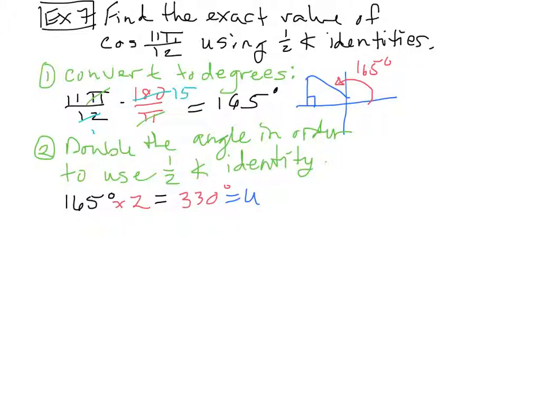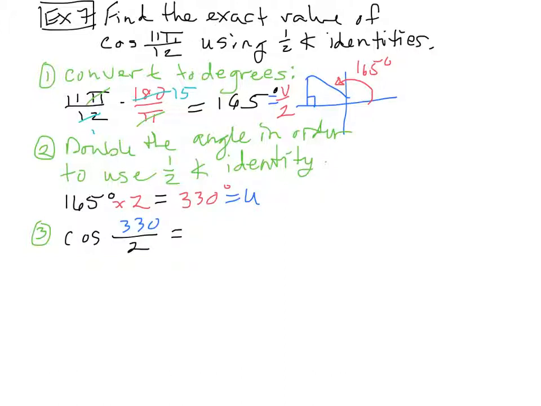So we found u. U over 2 is my 165. So this is u over 2. That's what we want. Okay. So step 3, we're going to apply that half angle identity, and since we're doing cosine, we've got cosine of my u, which is 330, divided by 2 equals.